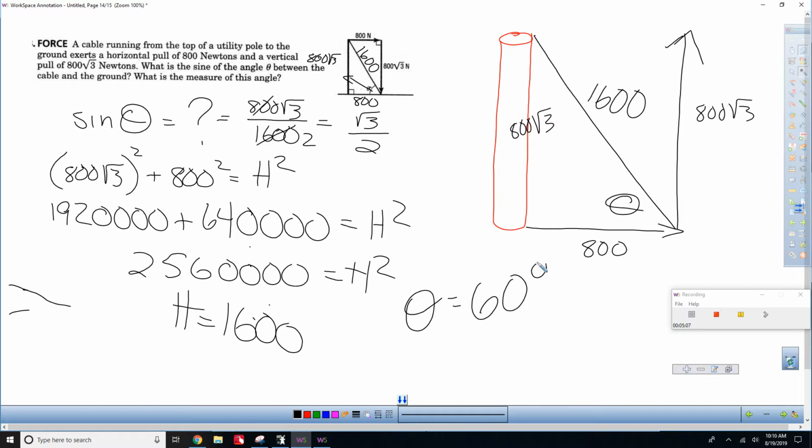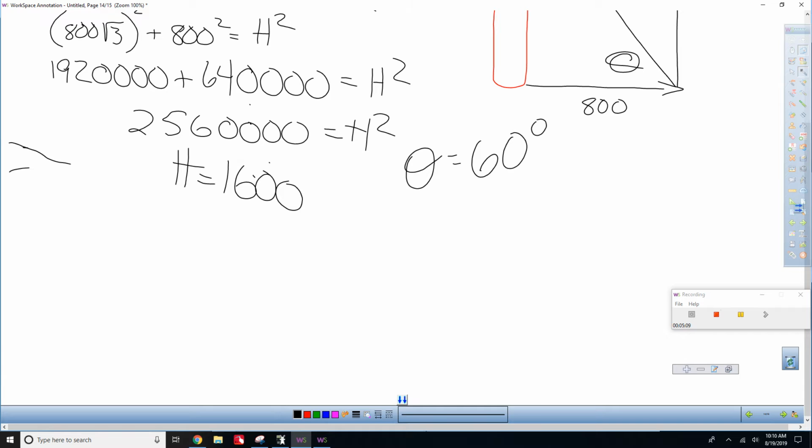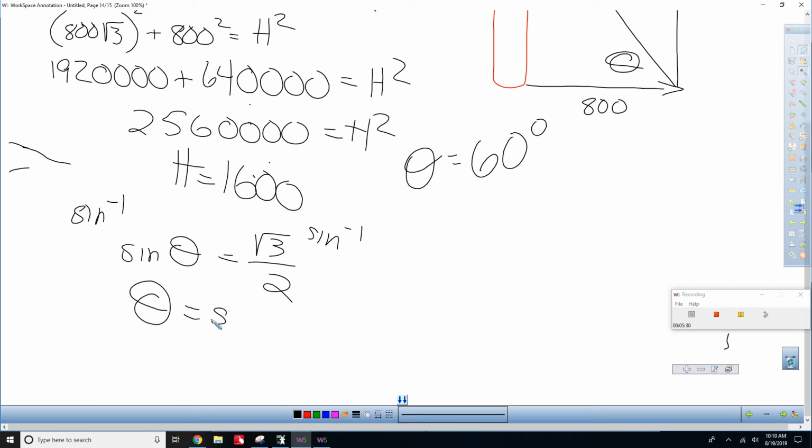Now, again, if you didn't remember that, that's okay. You would have sine of theta is equal to radical 3 over 2. How do we get rid of the sine? You take the sine inverse, and you do theta is the sine inverse of radical 3 over 2.